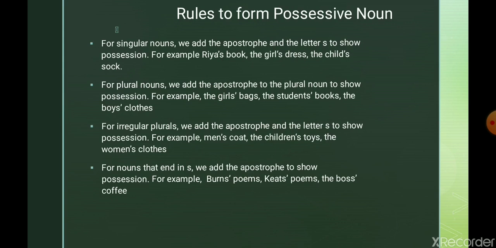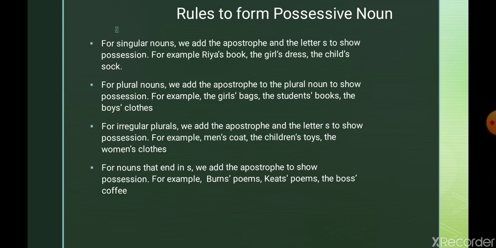It means over there s is not used at the end, so we add the apostrophe before s. Okay, not after s, before s. For example, men's coat, the children's toys, the women's clothes. Again, we are adding the apostrophe before s.